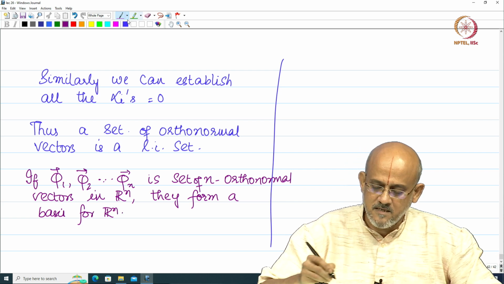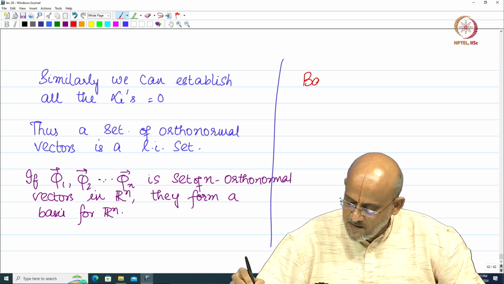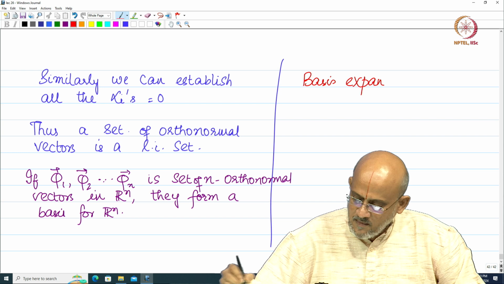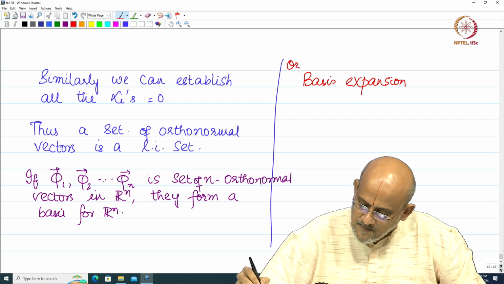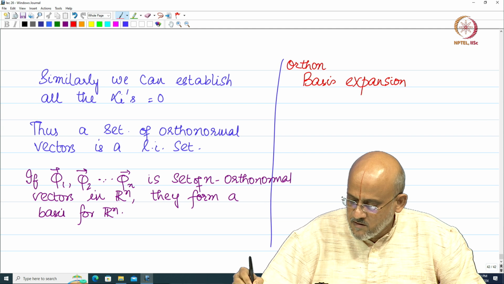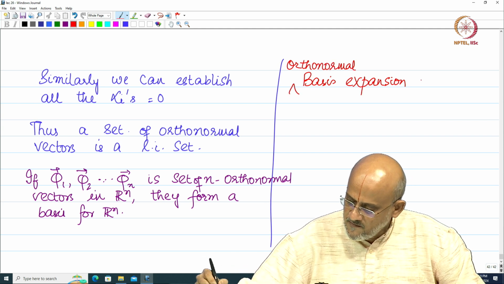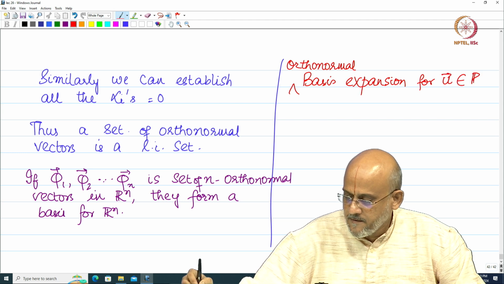What is interesting is how we get the basis expansion, the orthonormal basis expansion, for a vector u in Rn.